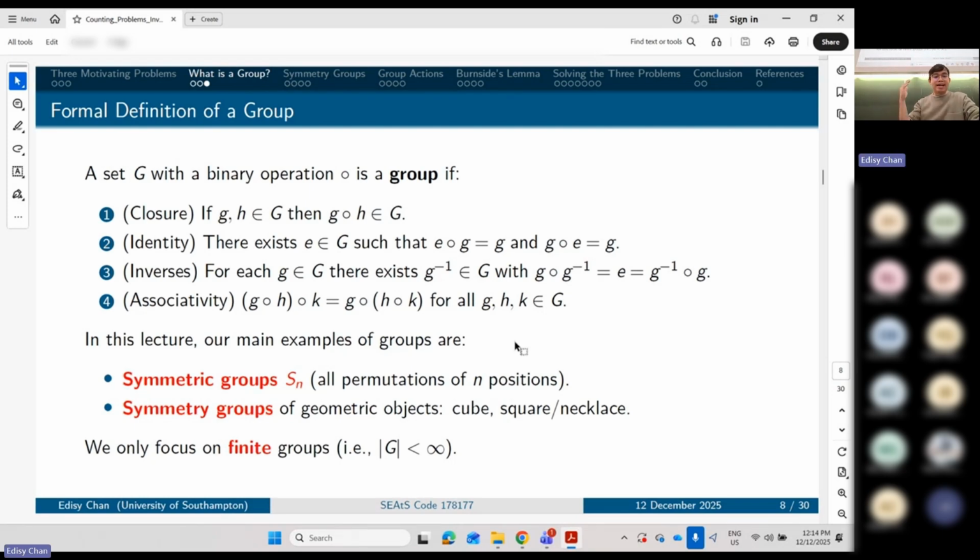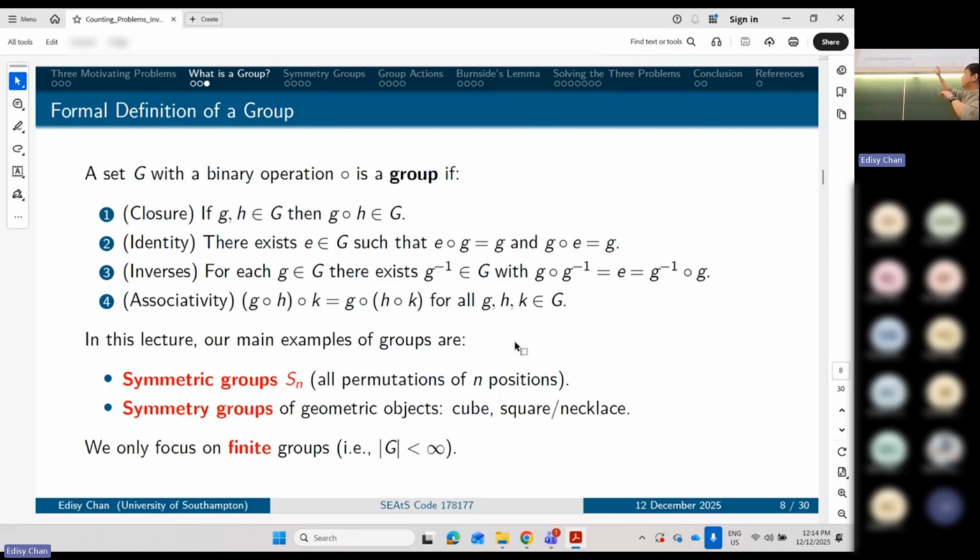Okay, you know that. And the associativity, that means you do the moves and then do the third move. It's actually like you do the second and third move first and then do the first. Let me put it this way.